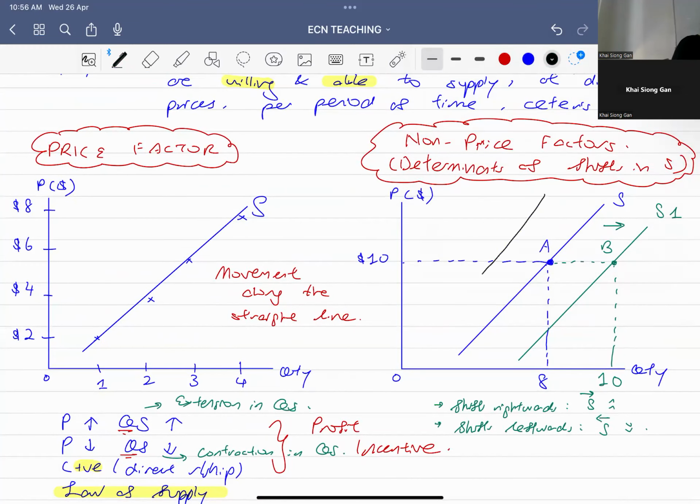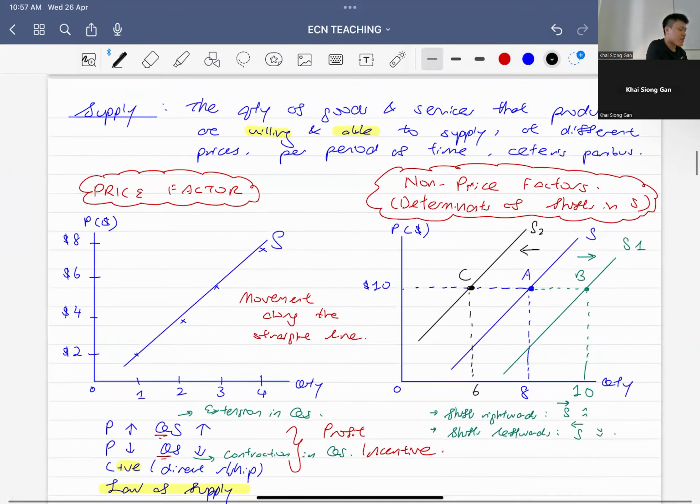So if supply shifts leftwards, it means there is a fall in supply. The price remains the same from A to C here, but less is supplied, 6 units. So therefore our concern is to find out what the non-price factors are.